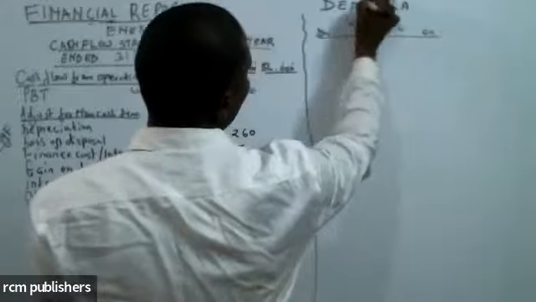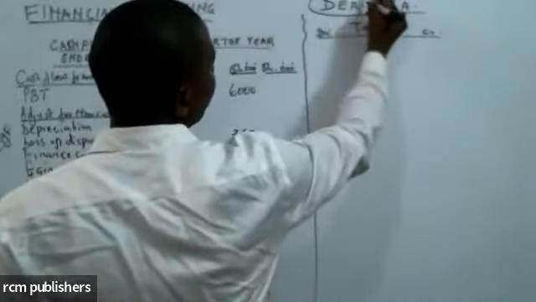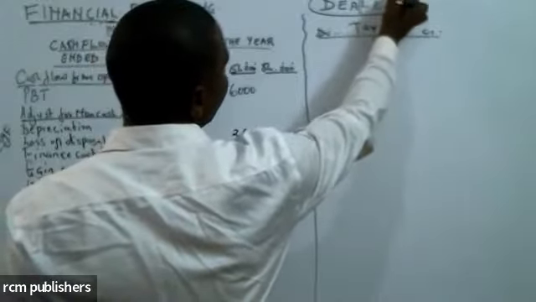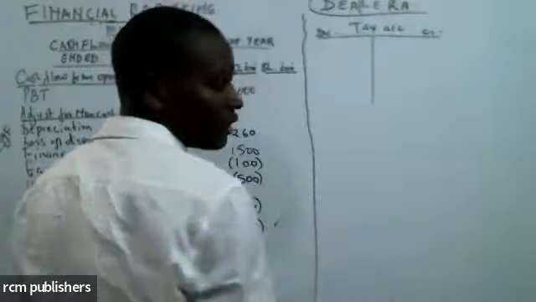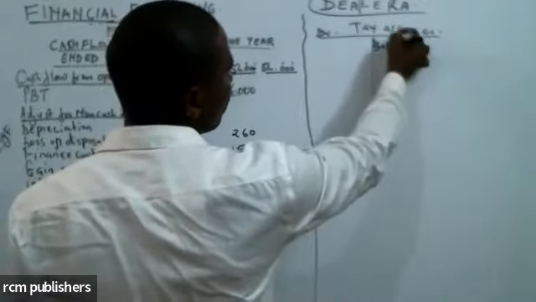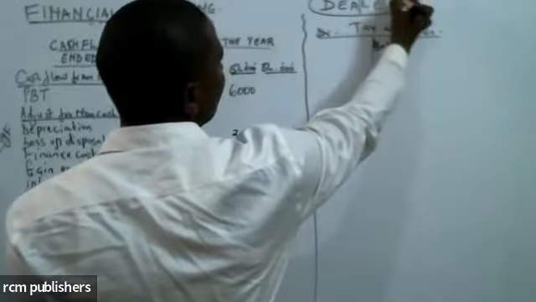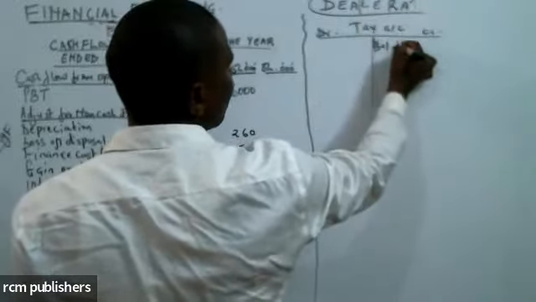Dealer class, this is important. We know that tax falls under liability, so it has a credit balance. So the balance brought down, class, is what we usually see on the credit side.